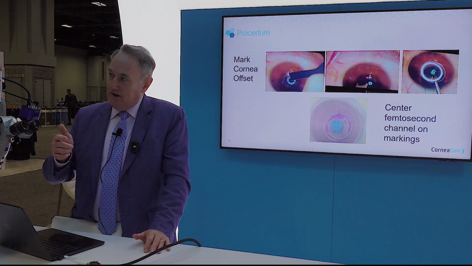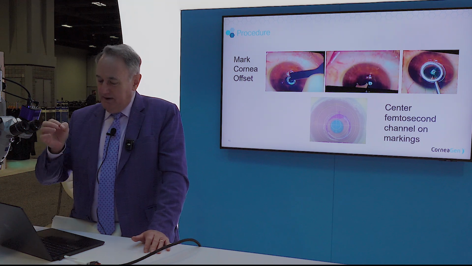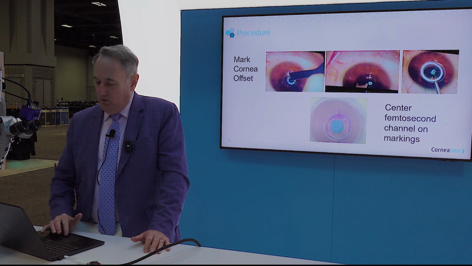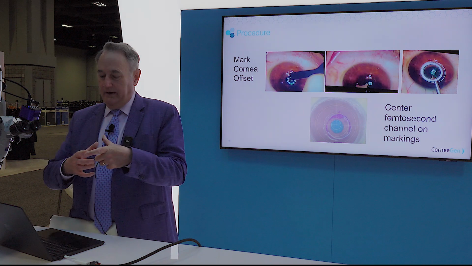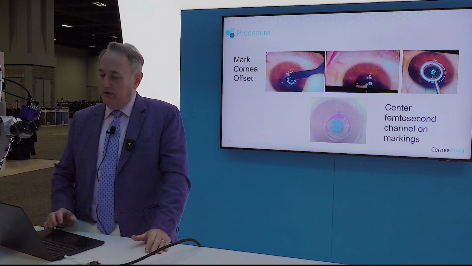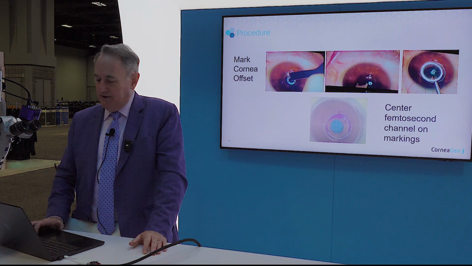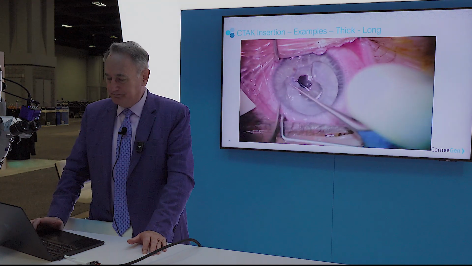So here again, you're marking corneal offsets, you're going to make your mark on the cornea, and then your femtosecond Myers or reticle is how you're going to center this as far as the markings.